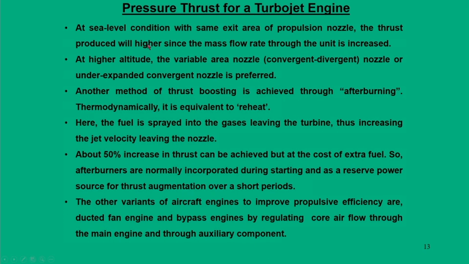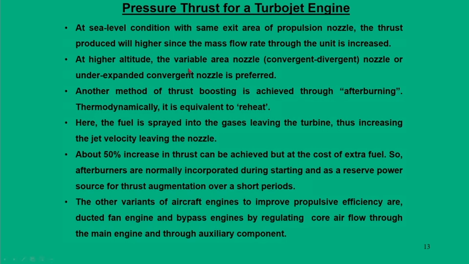That means at sea level your thrust will be higher, because at sea level the density is high, but at higher altitude your density is less. So the mass flow rate that is entering is also less.